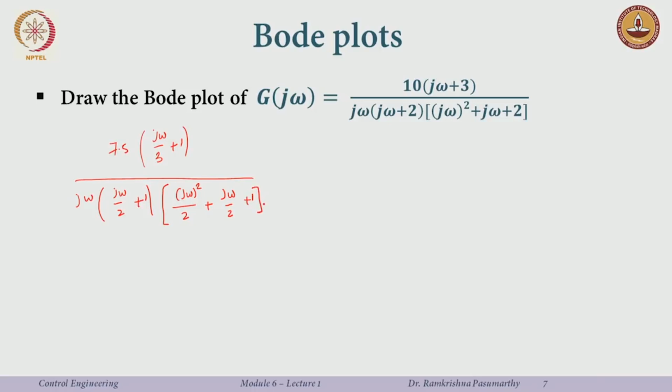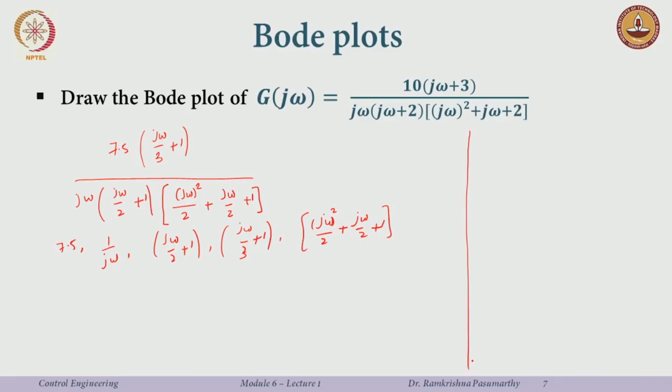Okay. So, how many terms here we have? We have the gain 7.5 and then we have this pole at the origin, first order term j omega by 2 plus 1, then we have the other first order term in the form of a zero plus 1 and then the quadratic term j omega square by 2, j omega by 2 plus 1. Okay.